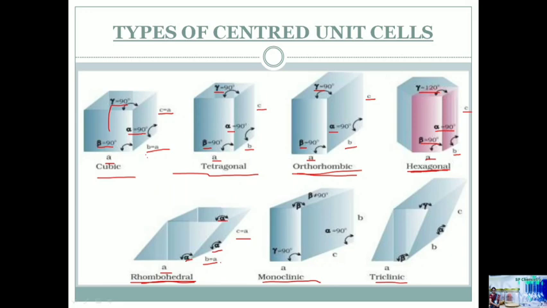Cinnabar is an example of the rhombohedral or trigonal crystal system, and the possible variation is only primitive, right?